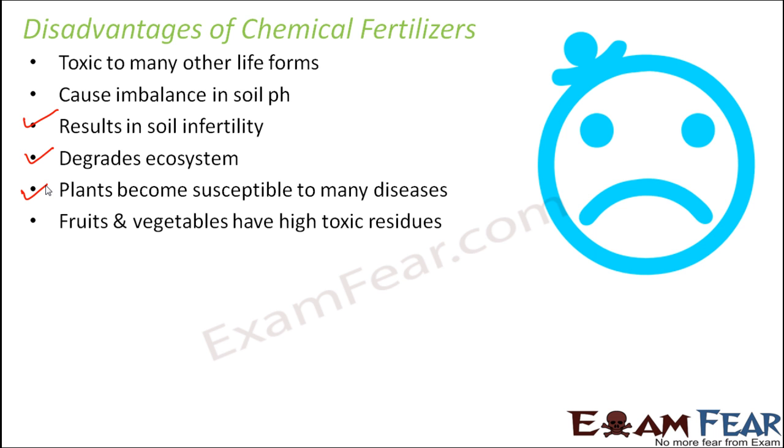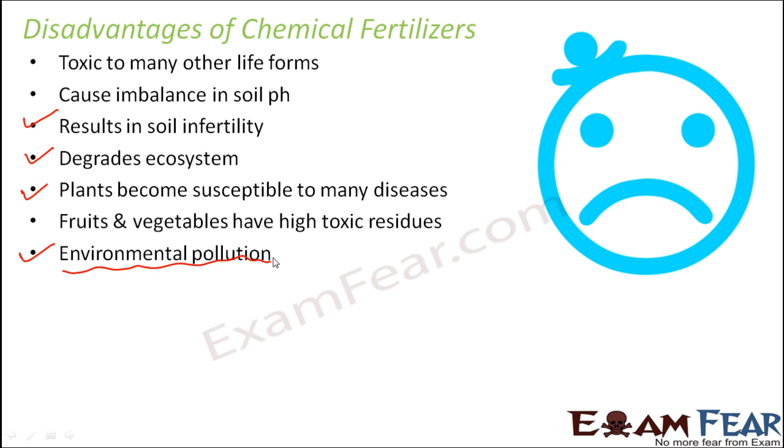Fruits and vegetables have high toxic residues, as I said just now, so when they are consumed by some other organism, that toxicity enters the body of that organism as well. Then there is environmental pollution, because the use of any chemicals in excessive amounts will definitely cause it. Since it is put into the soil, it causes soil pollution.